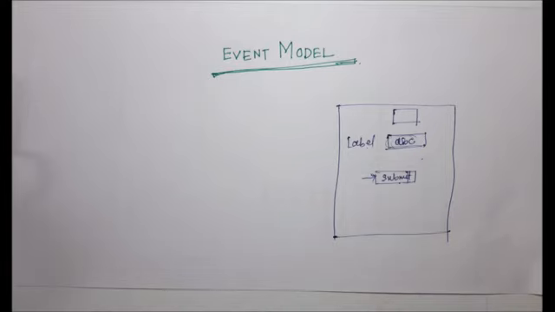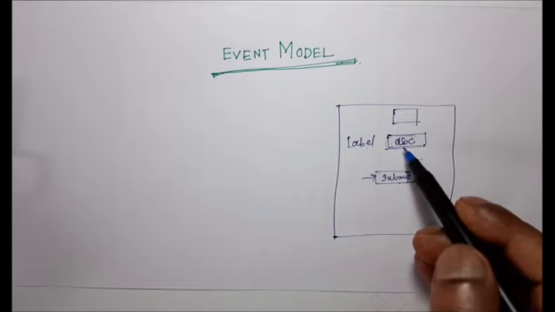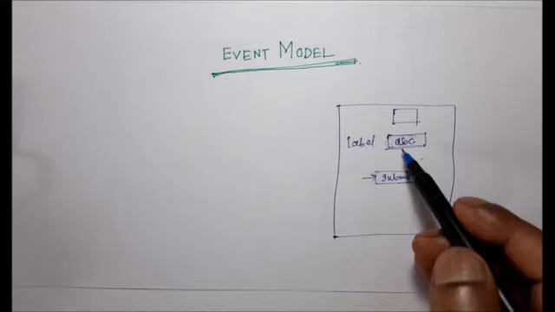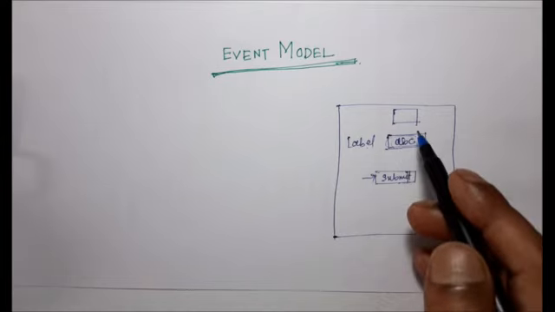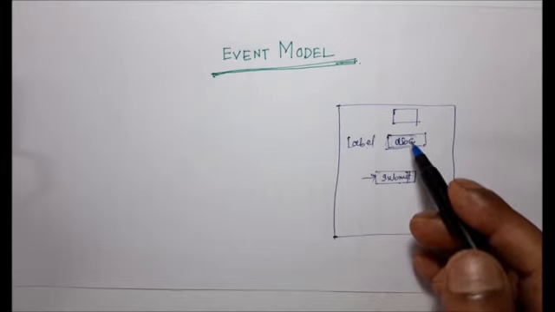Otherwise, an event is generated as a consequence of a person interacting with an element in a graphical user interface. Some of the activities that cause an event to be generated are pressing a button, entering a character via the keyboard, giving some input through my keyboard into my text field area, selecting an item in a list, or clicking the mouse.